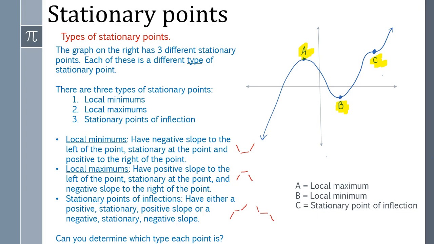Now, in this course, there's a specific way that you need to prove what type it is. And sometimes this can be a little like ticking the boxes because if you graph it, you can see very, very quickly if it's going to be a maximum or a minimum. But there's a certain way you need to prove it. So I'm going to show you how to do that.